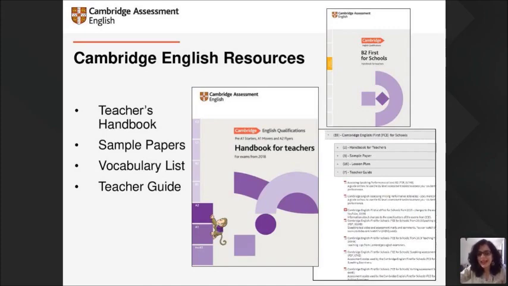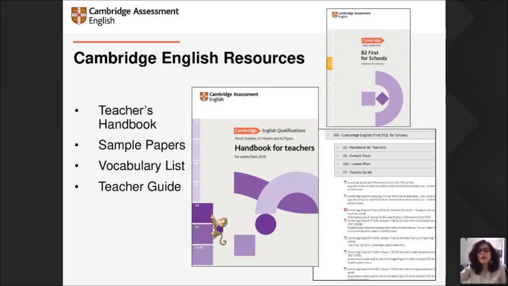So this is a handbook for First Certificate in English, which is pitched at the B2 level of language proficiency. So in this manner, there's a teacher's handbook, which is like a teacher's manual for each exam, brought out by Cambridge Assessment, right? So the teacher's handbook is the first resource that we are going to have a look at.